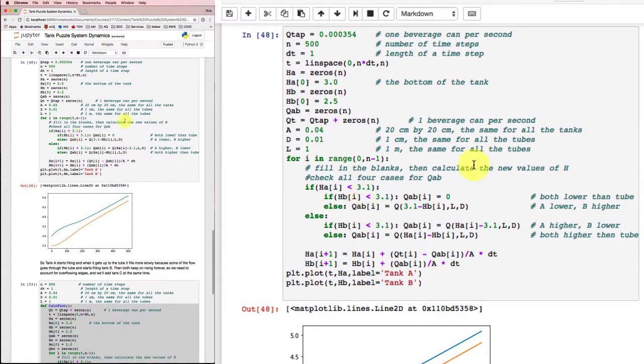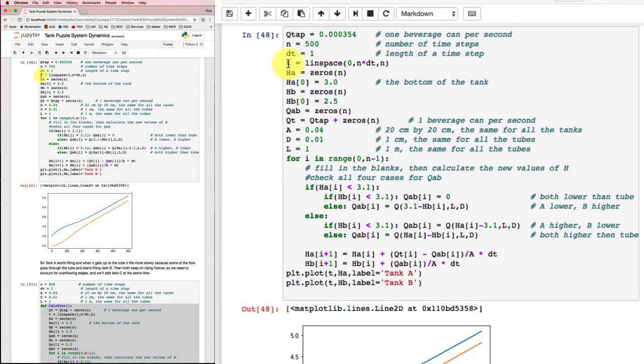So let's start off our simulation and see where it takes us. If I start off by saying that my tap is flowing about 1 beverage can per second, or about 0.000354 cubic meters per second, and I'm going to go for 500 time steps at 1 second at a time, so about 1 beverage can of flow worth each time step.